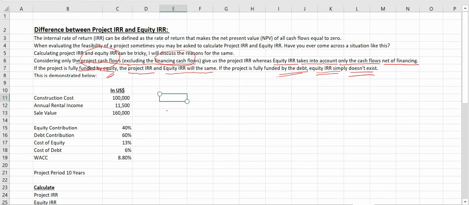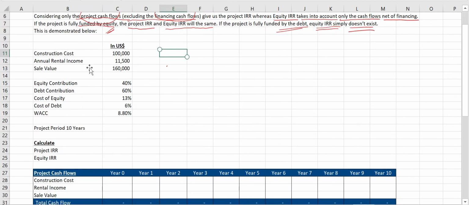Now you are given a set of information. You are given the construction cost, then the annual rental income on the property will be 11,500. The sale value at the end of the project will be 160,000. The equity contribution is 40% and the debt contribution is 60%.